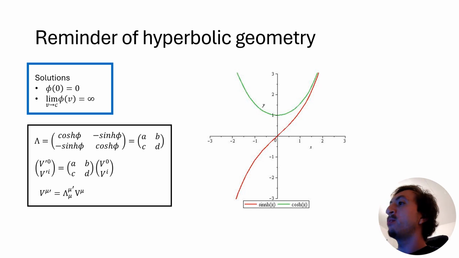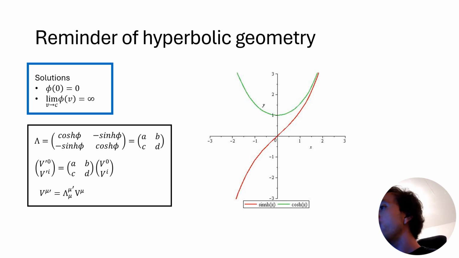And we have our graphs here showing how sinh and cosh vary with the input. In this graph, the input is x, but for our purposes, we're using phi as our input. But just to show visually what cosh and sinh look like, it's worth having a graph.